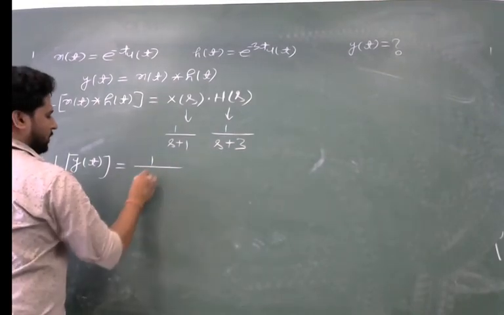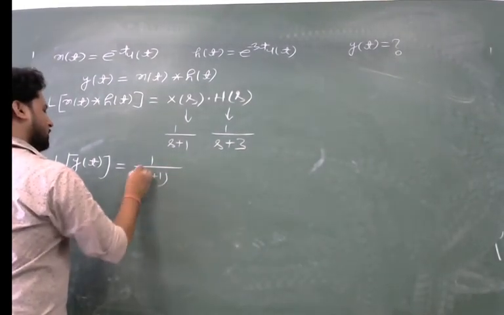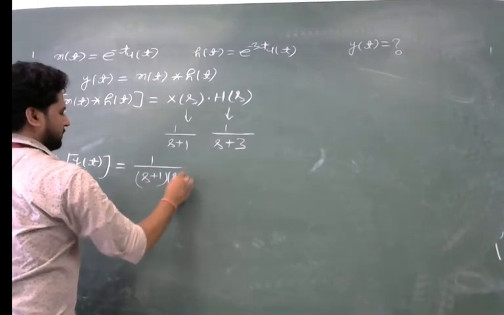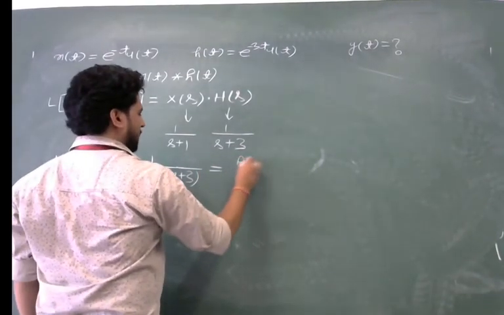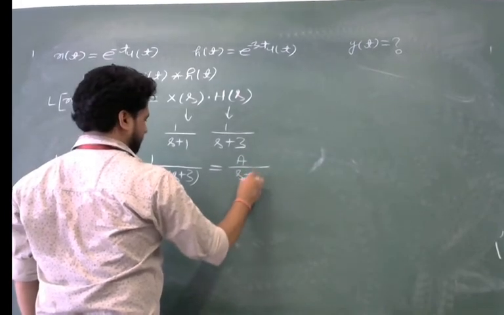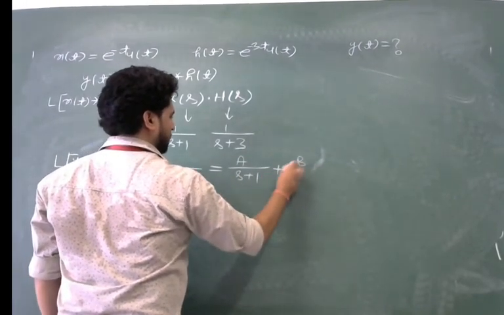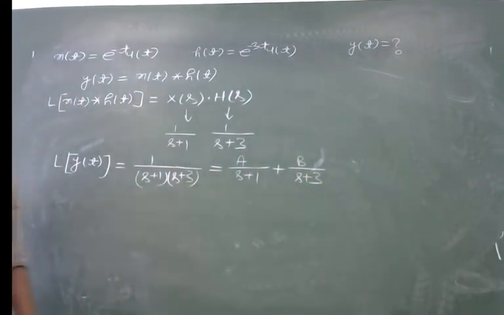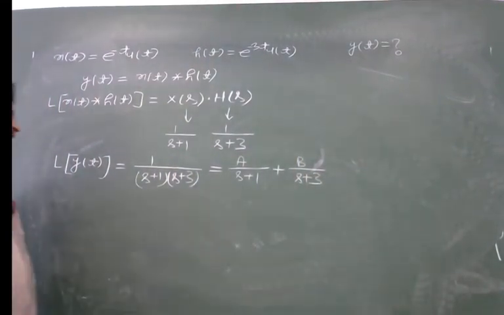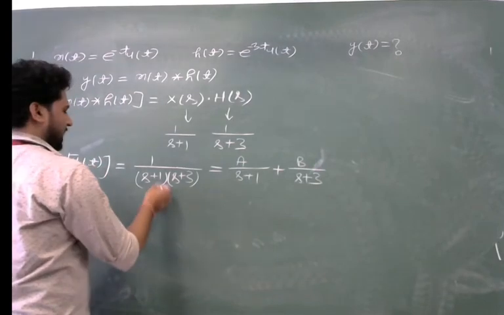1 upon (s plus 1)(s plus 3), which can be written in partial fractions as A upon s plus 1 plus B upon s plus 3. To get the value of A, I will put s equal to minus 1 here.